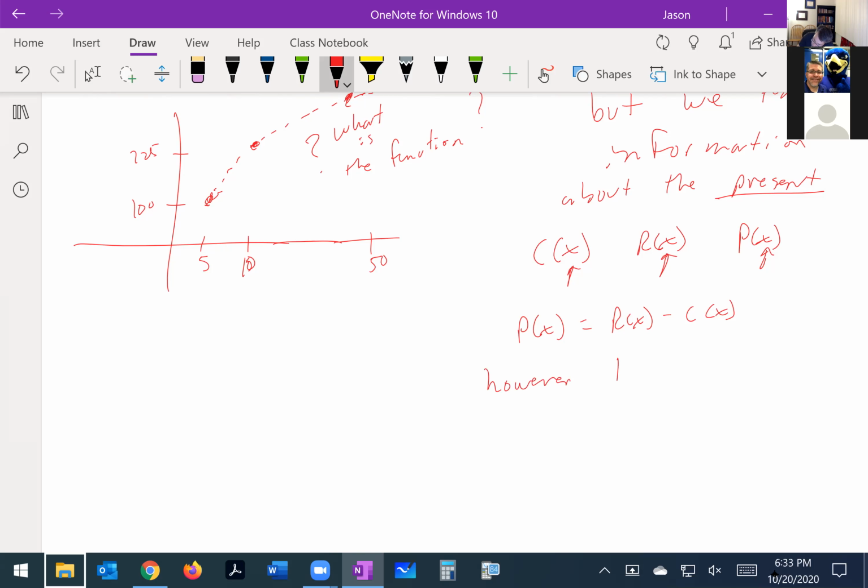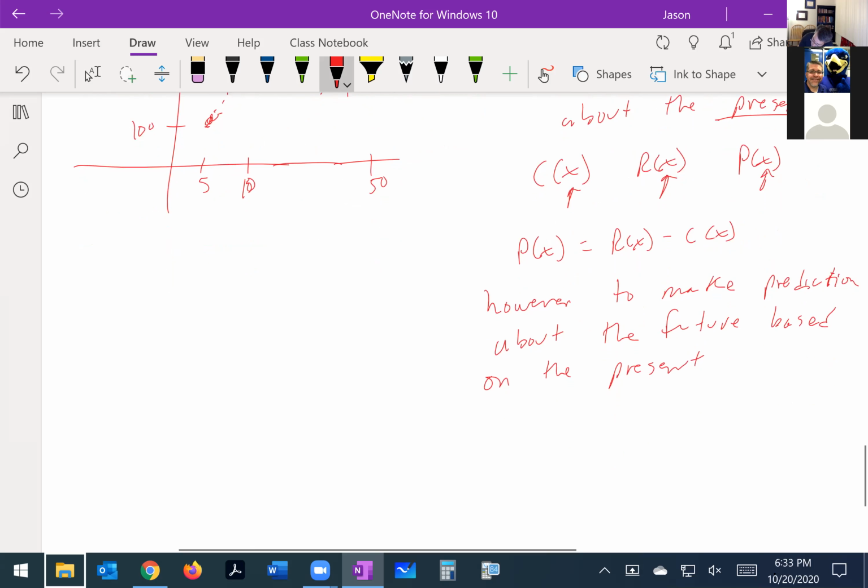However, to make a prediction about the future based on the present, we use a marginal. We say, how fast has it changed?